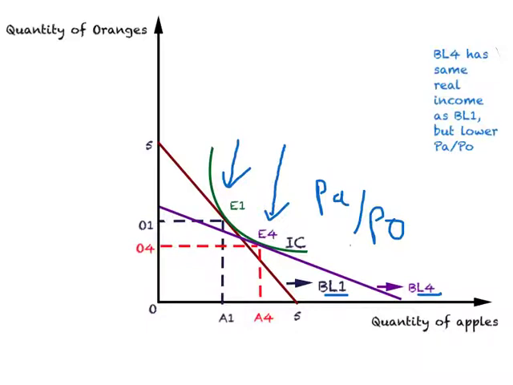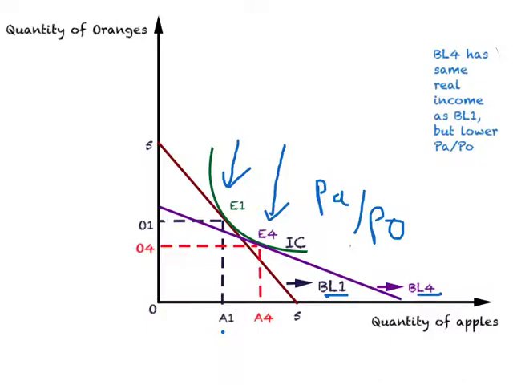And we know how many apples this person would consume when this person has BL1, and how many oranges he would consume when the budget constraint is set by BL1. And the same question we ask of BL4: how many apples would this person consume when constrained by BL4, and how many oranges would this person have. And what you find is the following.